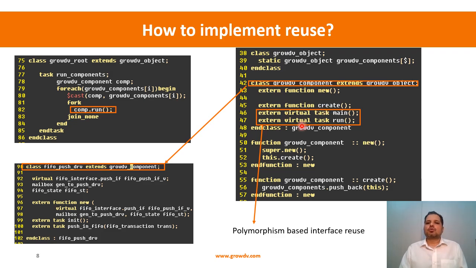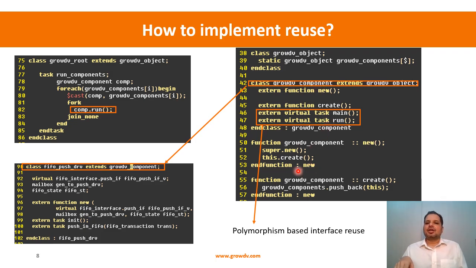And then we have these two public functions which, if you notice, are virtual. So we are saying extern virtual task main, extern virtual task run, and we are expecting any object that extends GrowDV component to implement these two tasks. So now we are enforcing, right? We are putting these virtual functions, and we are saying that if you extend this GrowDV component, you must implement these two tasks.